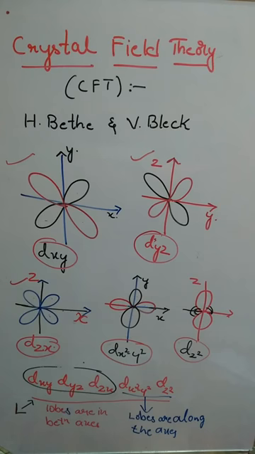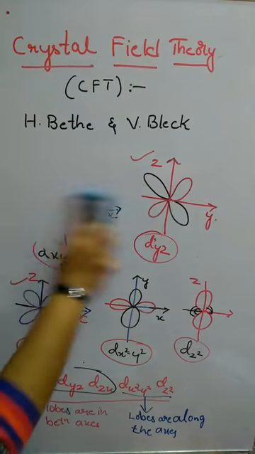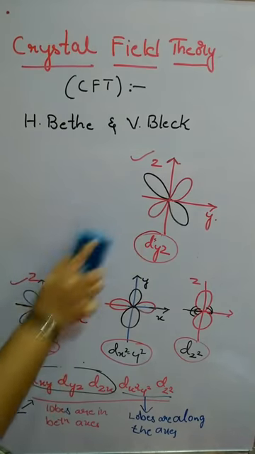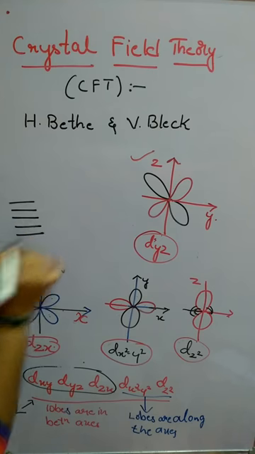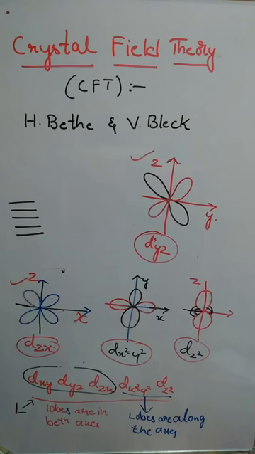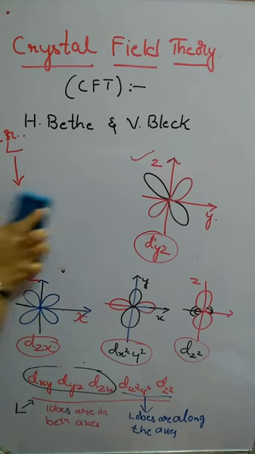Earlier also I have drawn a diagram. If the 5 d orbitals are there, so I will mention it in this way. 5 d orbitals are there, and the ligand is coming near to it. When the ligand comes near, we have a negative charge or a lone pair there. Because of the electrons of the ligand and the electrons of the orbital, there will be repulsion between them.